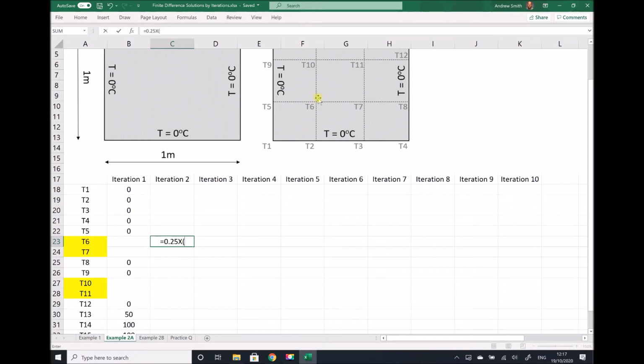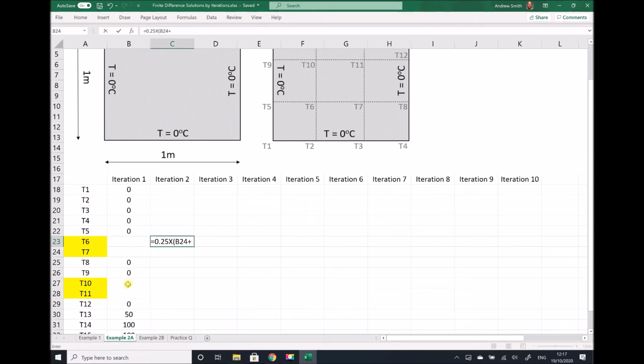Now T2, first of all, neighbours T6, but T2 has a value of 0, so I'm not going to input anything in the bracket for that. T5 is also 0, so I'm not going to input anything in the bracket for that. T7, we don't know, but what we can do is cell reference T7. So we've got a quarter, T7 plus T10 is the other neighbouring cell.